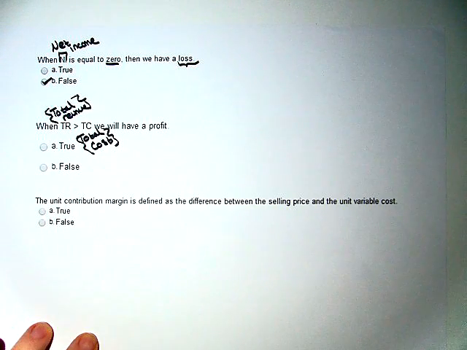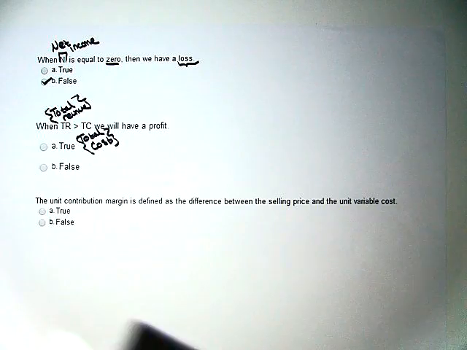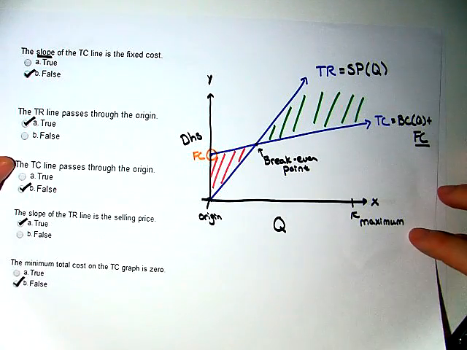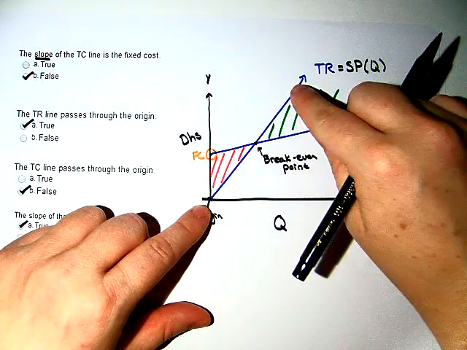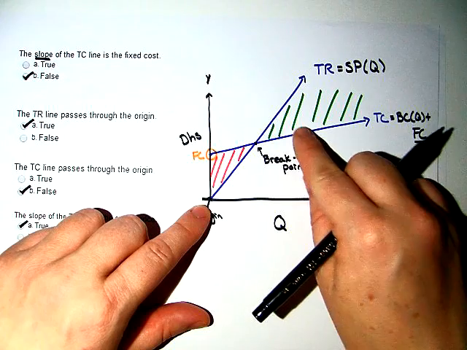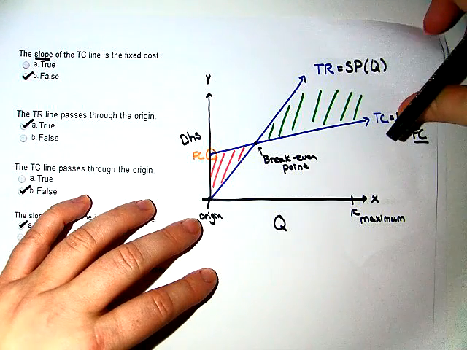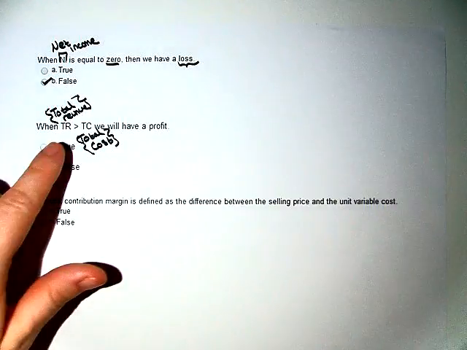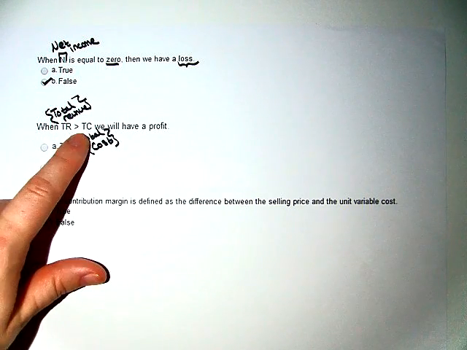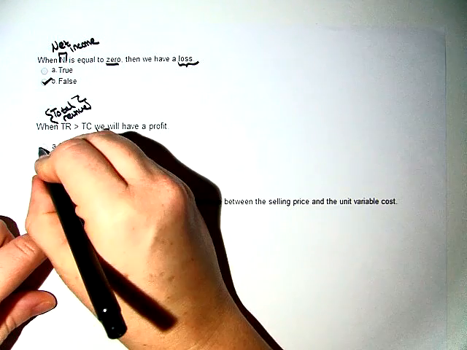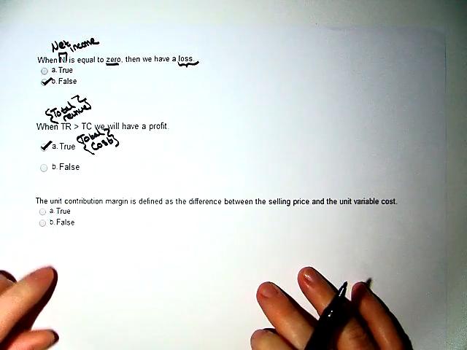Okay, well, we're going to go back to this other chart that we drew earlier. We know that if the total revenue is greater than the total cost, we have a profit. Therefore, if we look back at this question, it says when the total revenue is greater than the total cost, we have a profit. So this is, in fact, true.